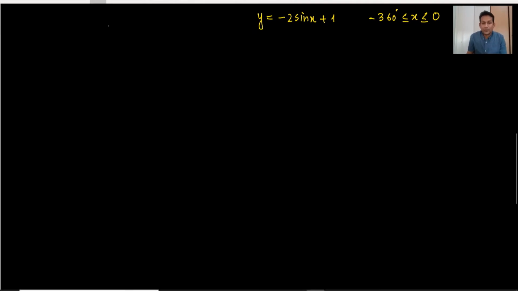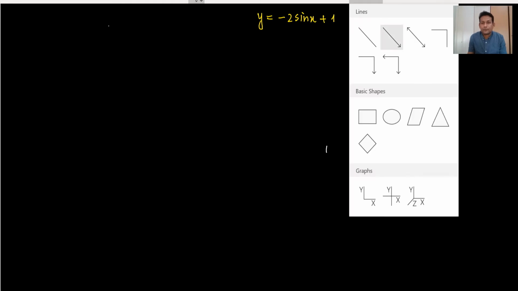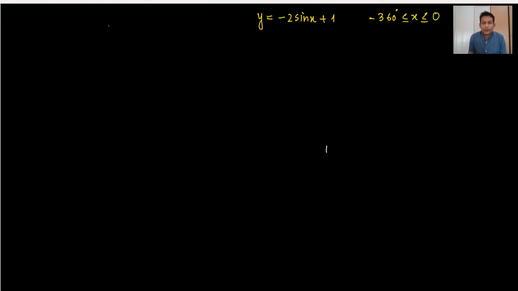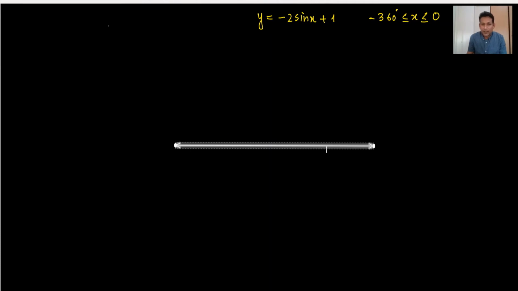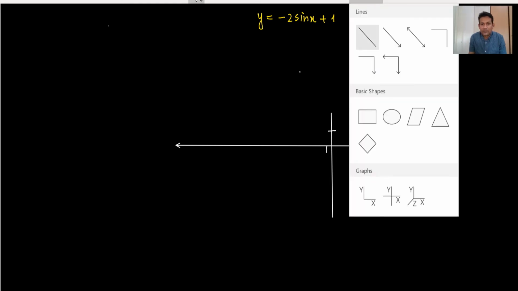Now, this is the negative side we are going. So I need to go to the left-hand side, so the y-axis should be here. And -2 means I have to go a little down. If 1 is there, 1 is here, 1 is here. So this is the axis of the curve.